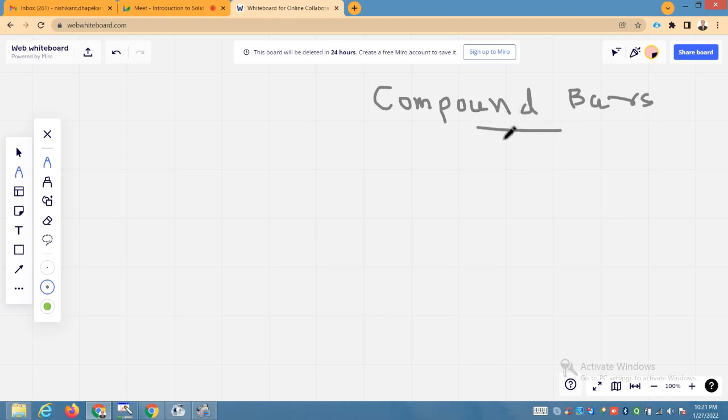So, compound bars means bar made up of different materials. Maybe it is made up of different materials, or it may be made up of different diameters, right? I shall draw here one sketch for compound bars.